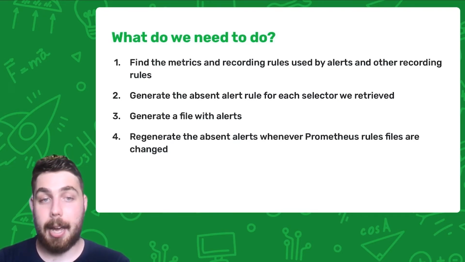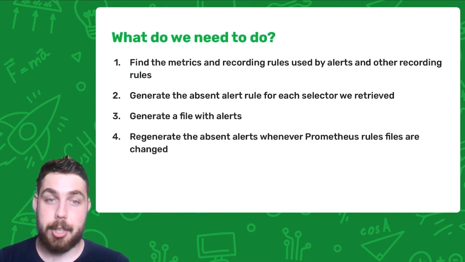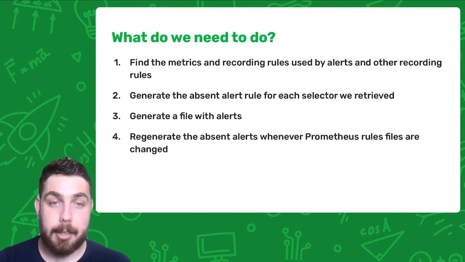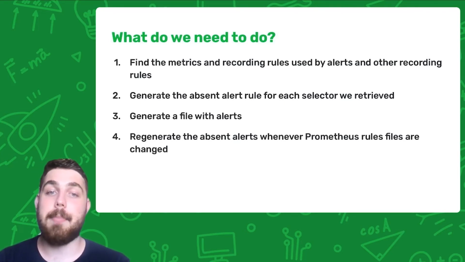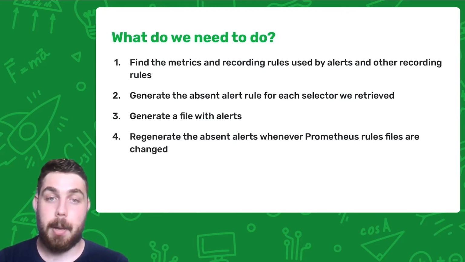And so the expression for that alert is just that selector that we got, wrapped in the absent function if it's an instant vector, or the absent over time function if it's a range vector. Then we need to add that metadata, the name, the for field, and those annotations, the summary and the description. And with this tool built, we then want to run it anytime we change our Prometheus rules files, so we regenerate those absent alert rules, and we don't have to write them manually ever again.